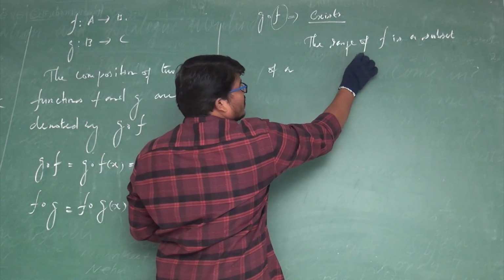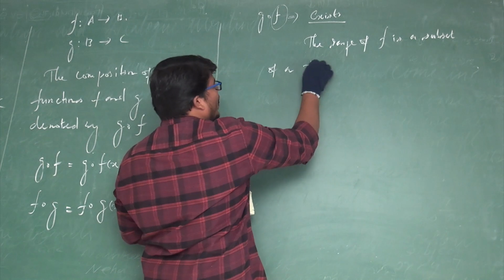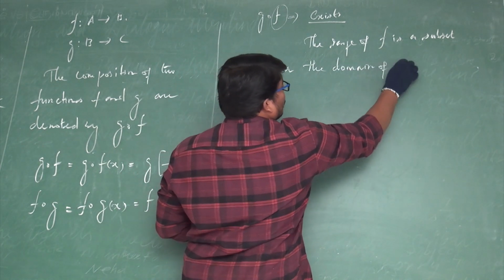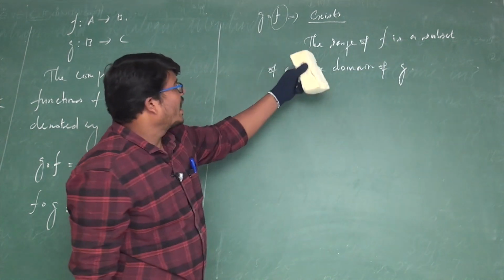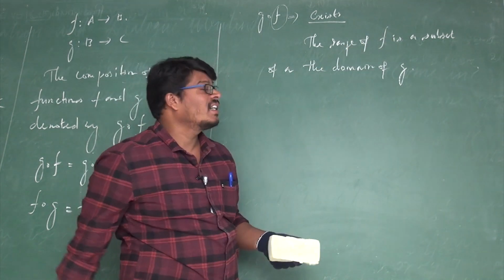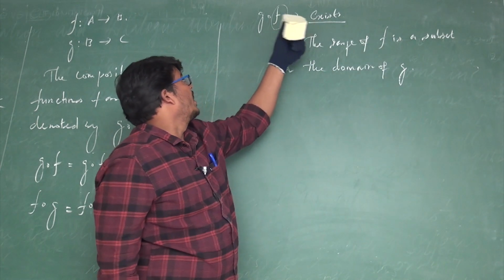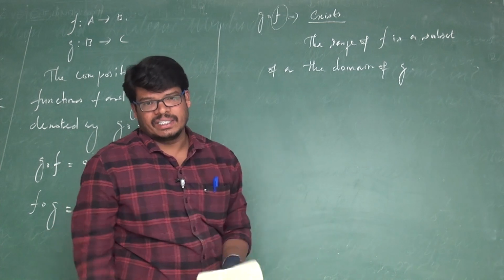The range of f is a subset of the domain of g, where g dot f exists.